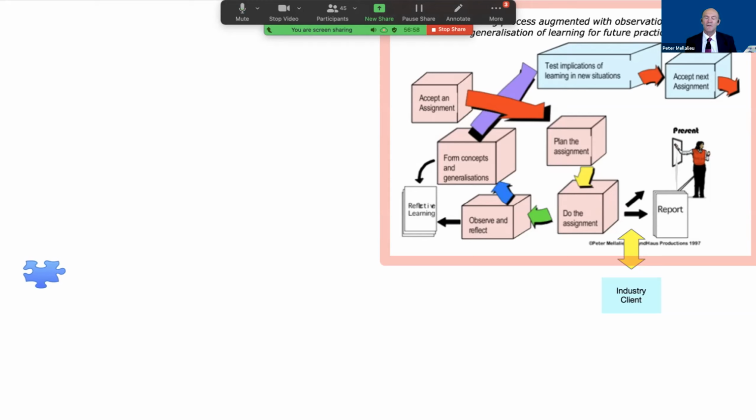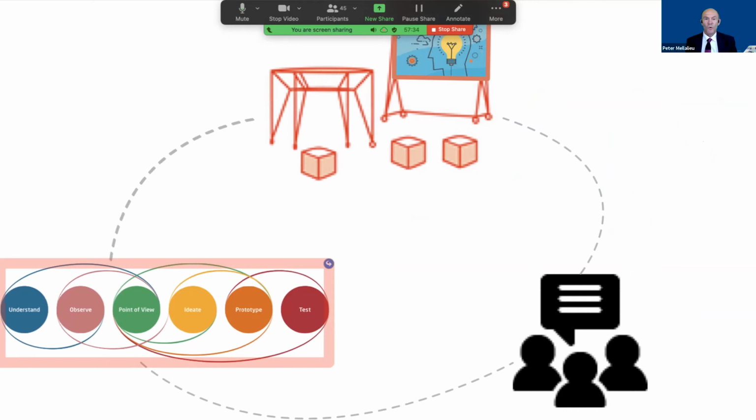You'll be comparing and contrasting those concepts that you have experienced with academic and professional theory, and making the judgment, well, that bit of theory worked, but that bit of theory, I experienced it differently. And with these concepts, you'll be going through this cycle several times. You now test the implications of these insights in new situations, and you get on with the next assignment. What else have we got?